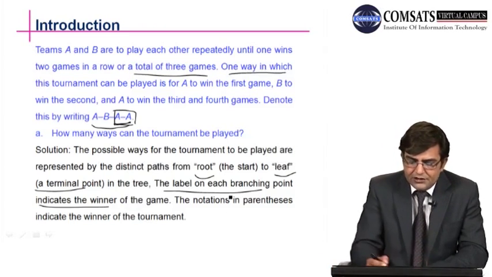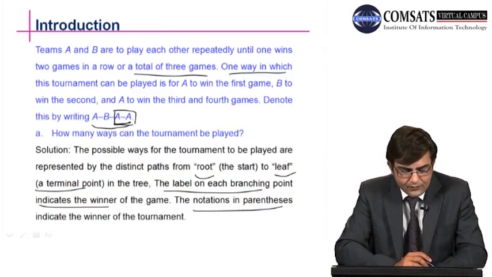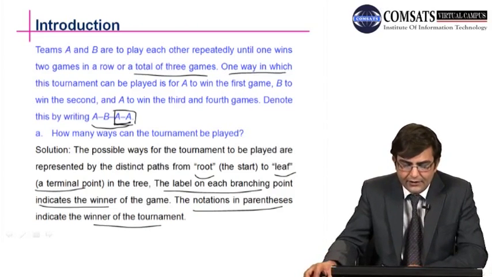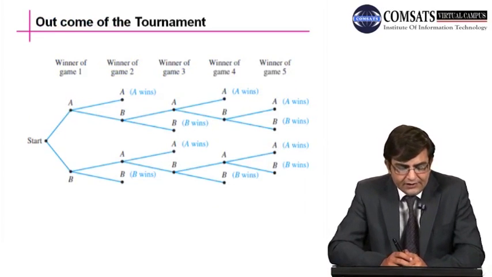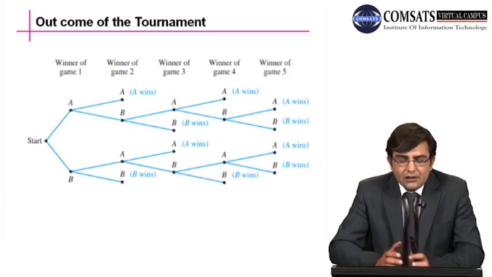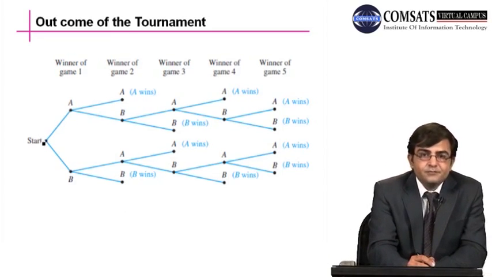Now the notation in the diagram in the parenthesis indicates the winner of the tournament. We'll see a figure here now. In this figure we'll discuss all the possibilities of how a tournament can be played. So here we start.